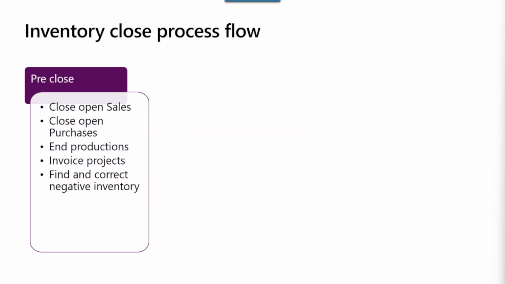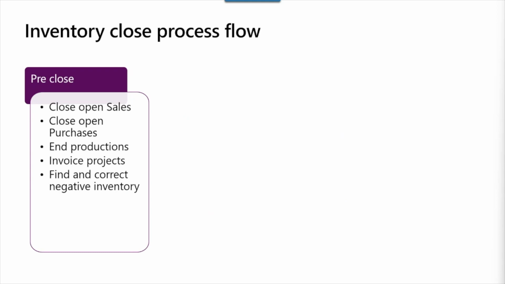This includes things like invoicing sales orders, purchase orders, ending production orders, and invoicing your projects, just as a few examples. Once you close the inventory, you will not be able to post product receipts, invoices, report as finished journals, picking list journals for production, and so on with dates that are prior to the close date.